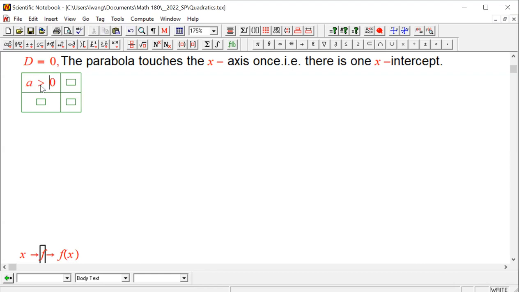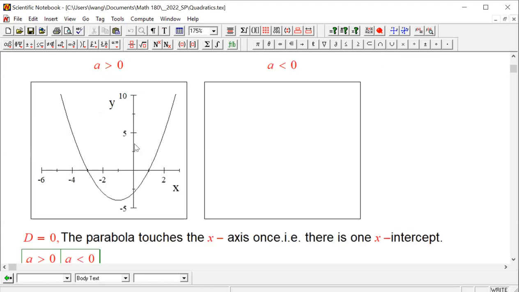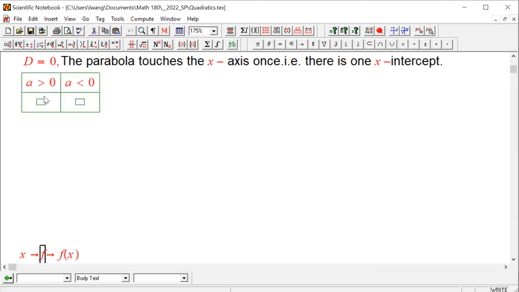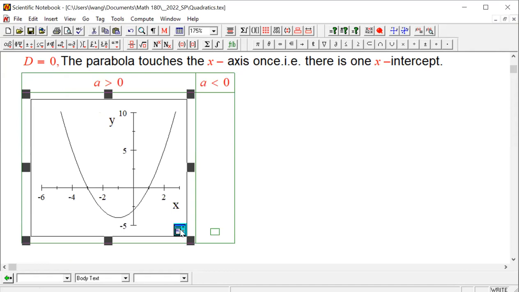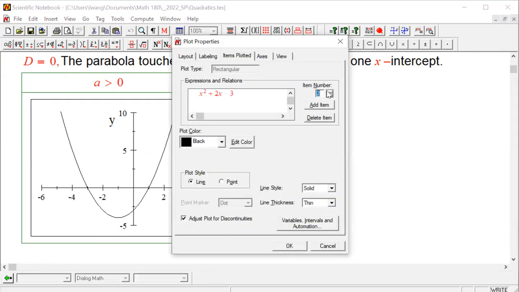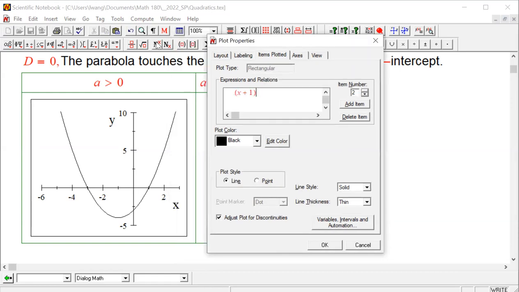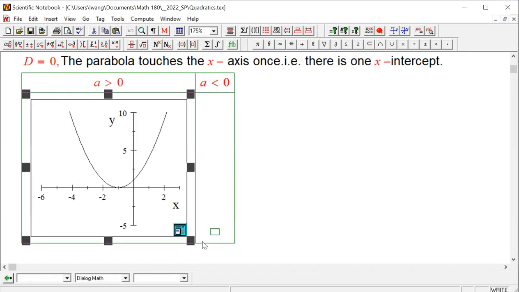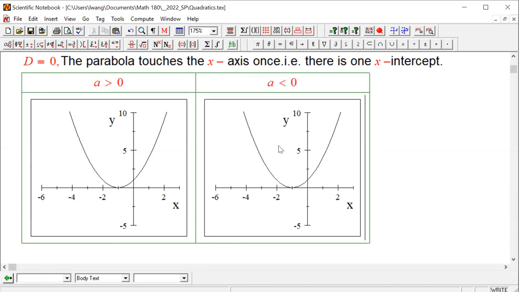A could be positive or negative, which means it could open up or open down. For example, I can have a function that touches once but opens up. It could also touch once and open down.